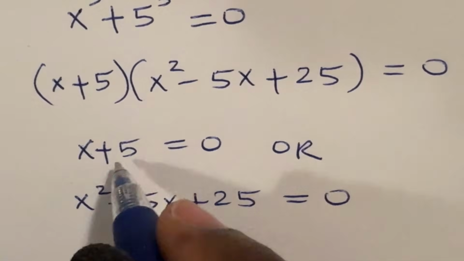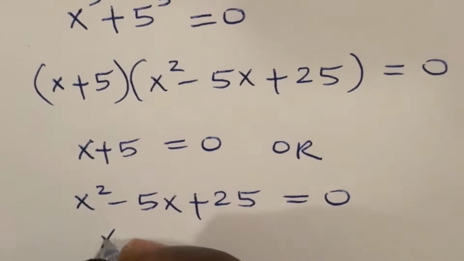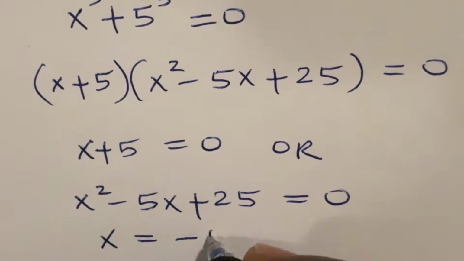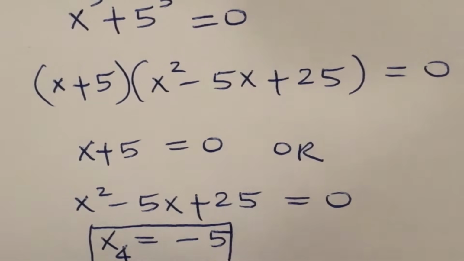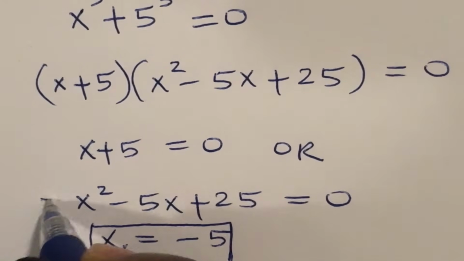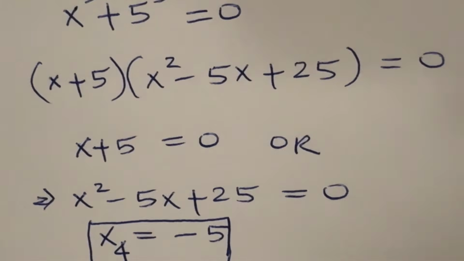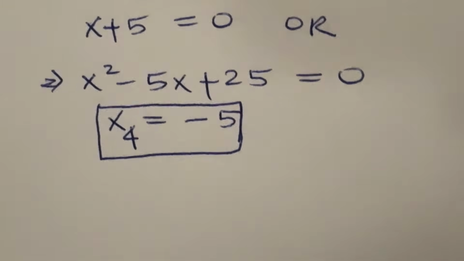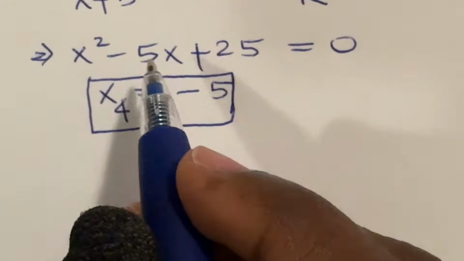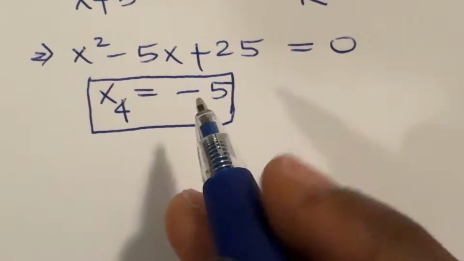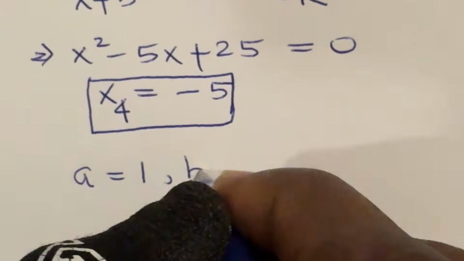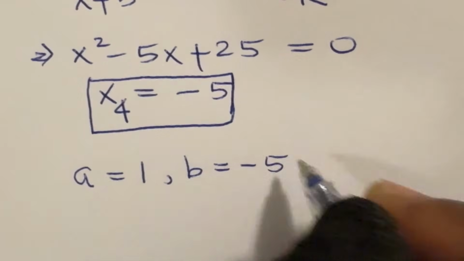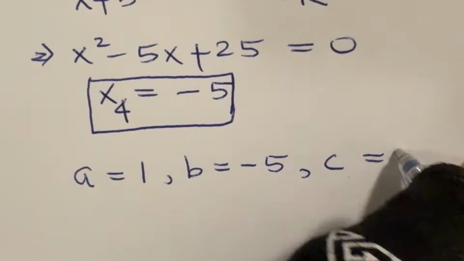From the first one, x is equal to -5, which will give us the x4 for this problem. And then we proceed to this one using the quadratic formula to find the remaining two solutions. So for this one, we use the same quadratic formula as we used earlier. In this case, a is 1, b is -5, and c is 25.